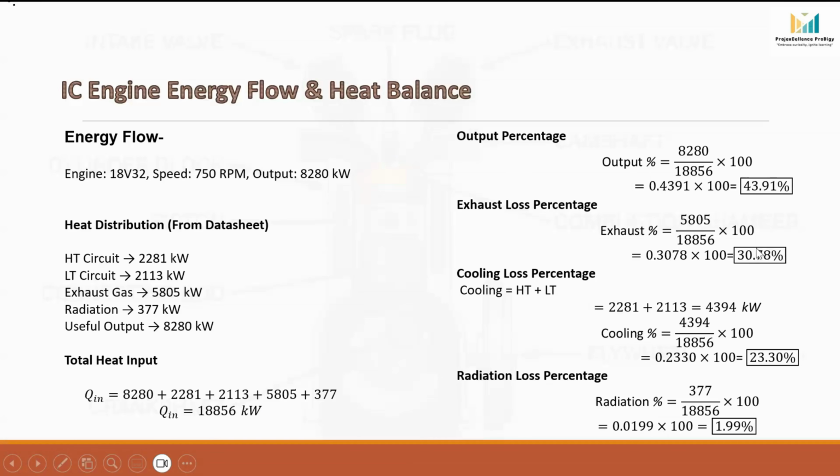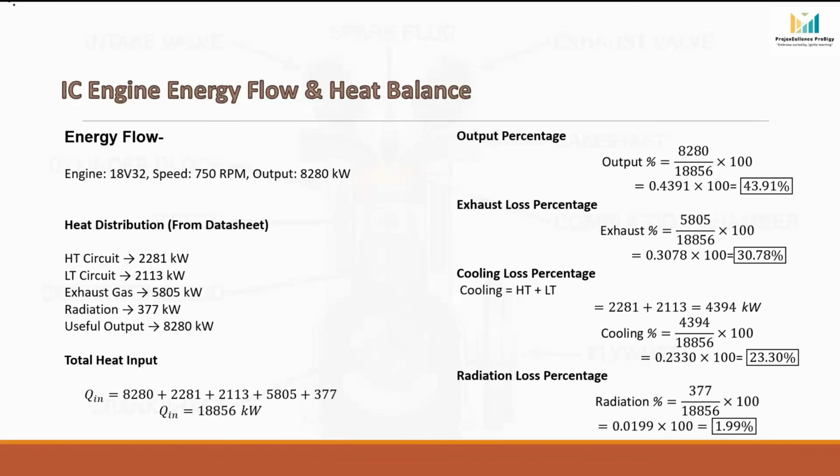Around 31% is lost through exhaust gases. And about 23% is lost in cooling systems. And nearly 2% is lost through radiation. So it clearly shows more than half of the energy is lost. And the biggest loss is through exhaust gases.